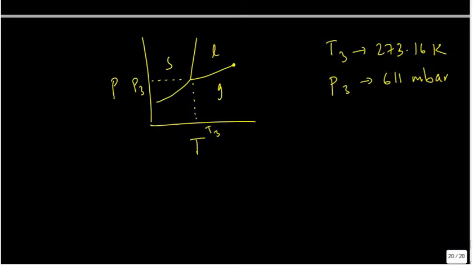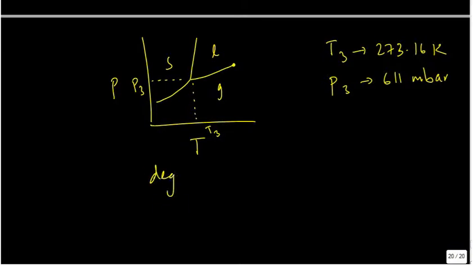Right? In other words, I would say that I have only 1 degree of freedom, and that is either temperature or pressure. I could vary temperature, pressure would follow. I vary pressure, temperature would follow. I would always stay on that particular curve. So I have only 1 degree of freedom over there.